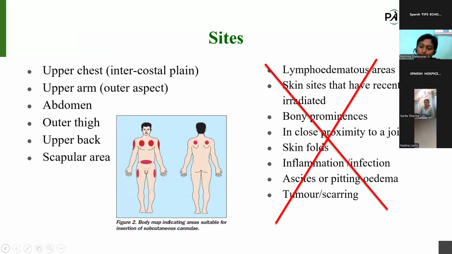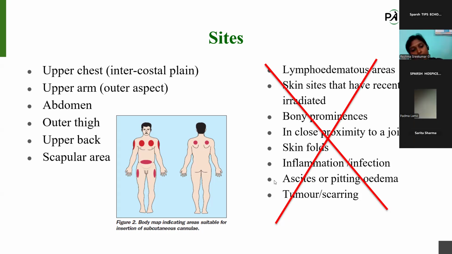And next is about the subcutaneous sites. We know the commonly given subcutaneous medication is insulin. All those sites we can use. We can give in the upper chest, that is the intercostal plane. Then the upper outer aspect we can give subcutaneous injections.